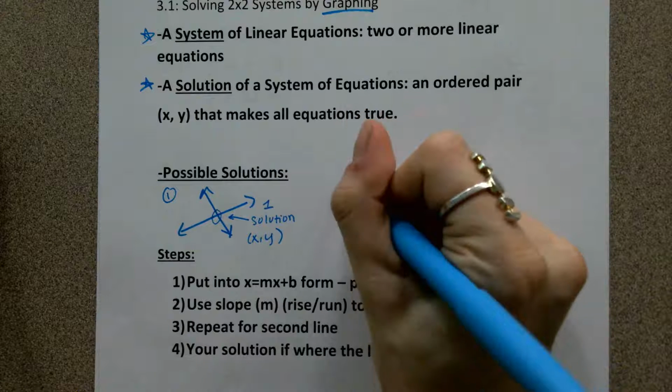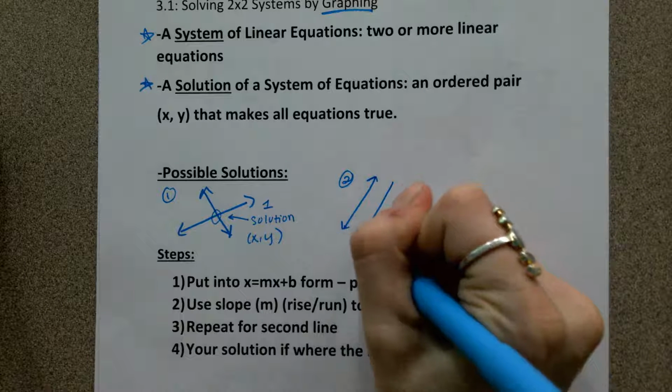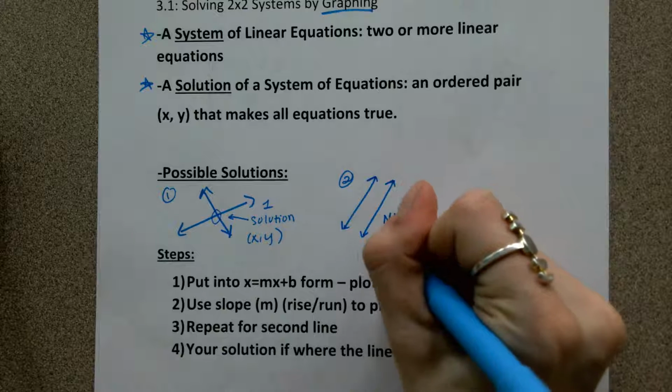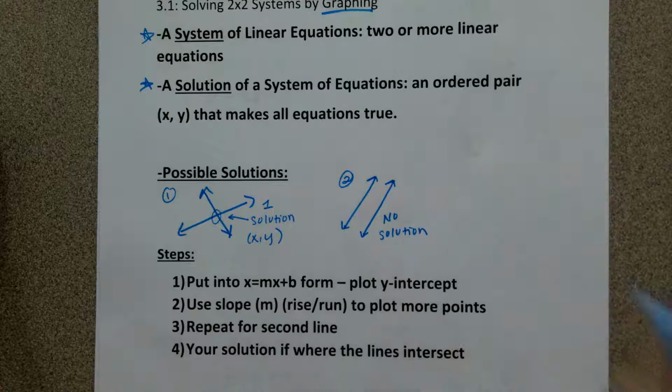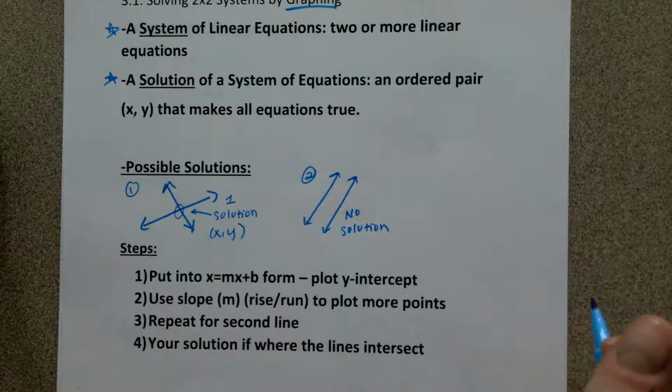Number 2 is we can have parallel lines that are never going to cross. And if we have parallel lines, we have no solution. They're never going to touch, they're never going to cross, so it's no solution.